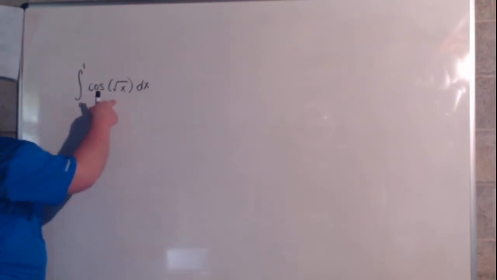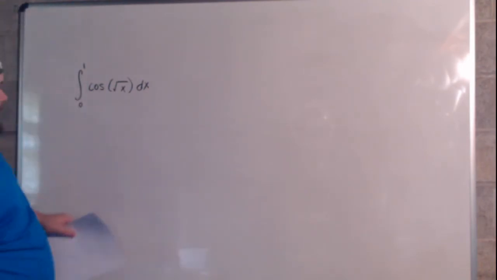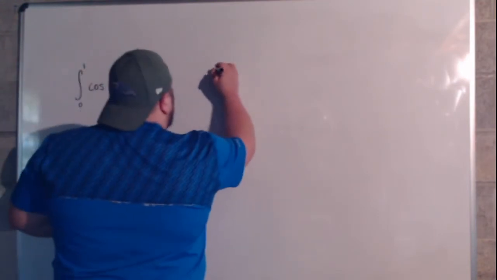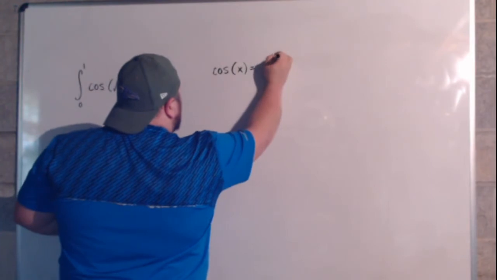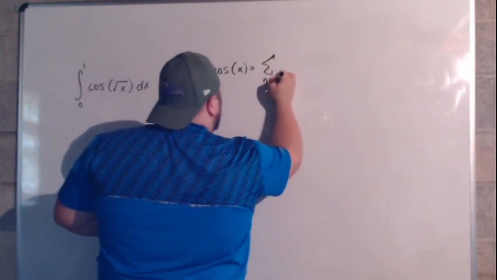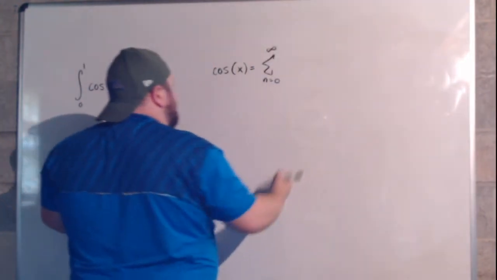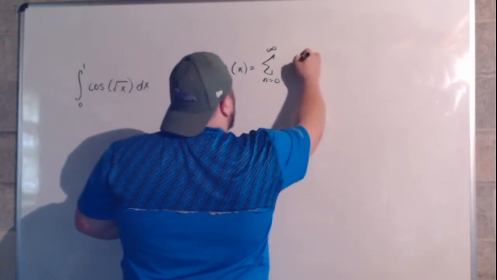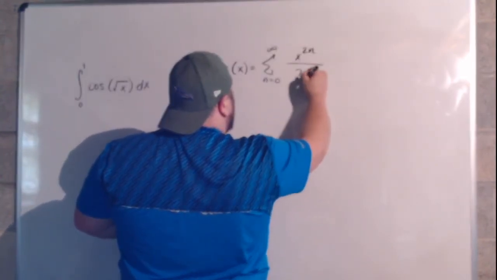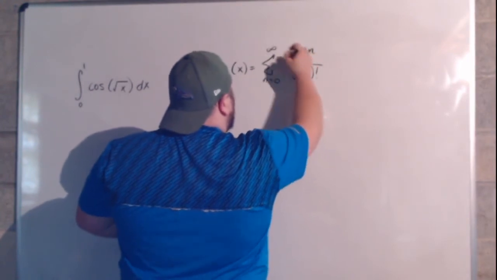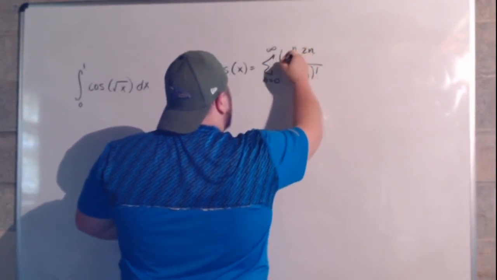So in order to do this, we've got to use the fact that cosine of x is a summation from 0 to infinity. There's going to be an x to the 2n. It's going to be a 2n factorial. And there should be a negative 1 to the n in here.